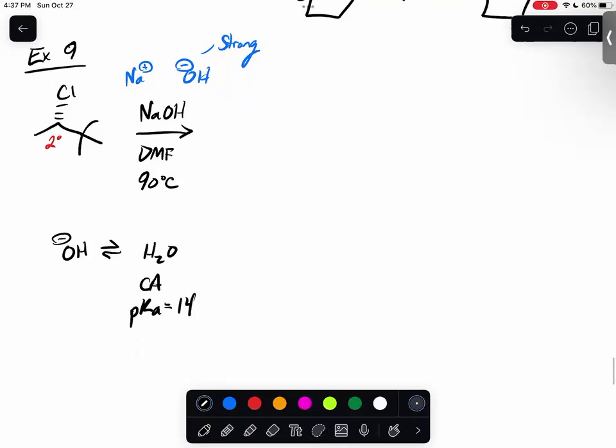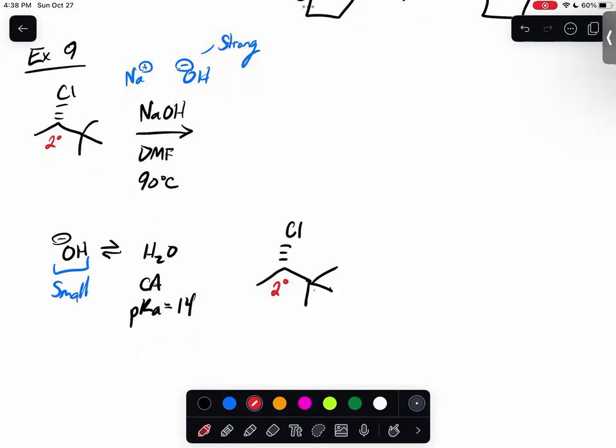But the one thing that you have to be mindful of is that it's not always just about the exact sterics of what you're looking at, right? Because this is small, and then we're sitting on a secondary carbon, which tells us that we can generally do an SN2.